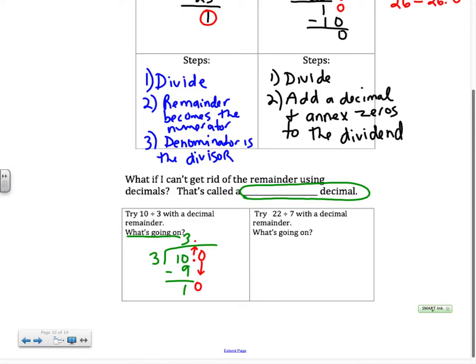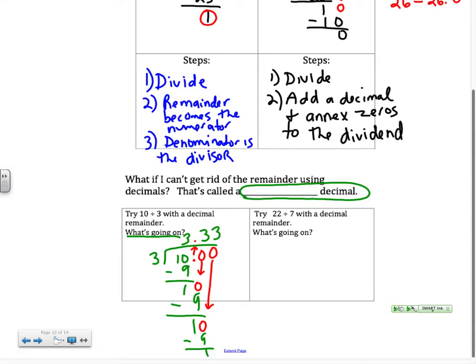3 goes into 10, again, 3 times. 3 times 3 is 9. Subtract and you get 1. I want to get rid of that 1. I'm going to annex another 0. Bring it down. 3 goes into 10 3 times. 3 times 3 is 9. Subtract. Uh-oh. I see a pattern. The same thing's going to keep happening and happening and happening.